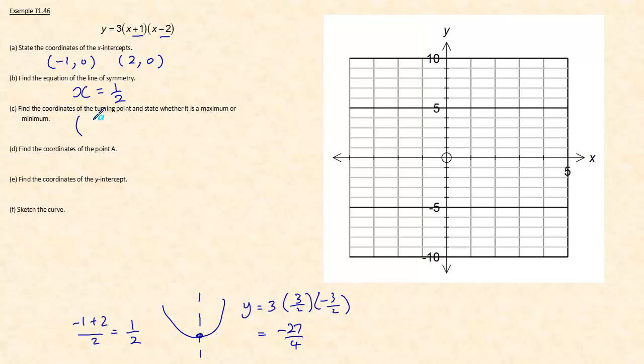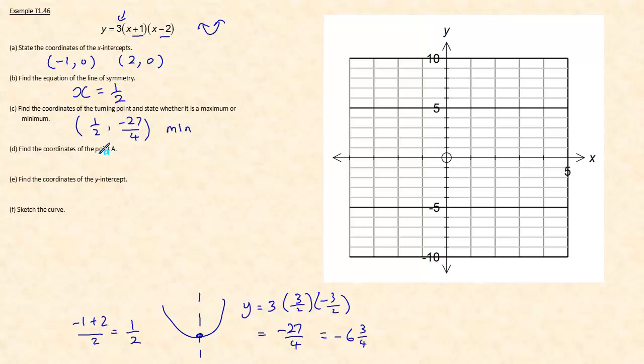So we have (a half, -27 over 4). Now it's worth looking at -27 over 4 from the point of view of plotting it a bit later on. So 4 sixes are 24, so that's -6 3/4, or -6.75. The value of a here is positive, which tells us it's a happy curve, and therefore this is a minimum.